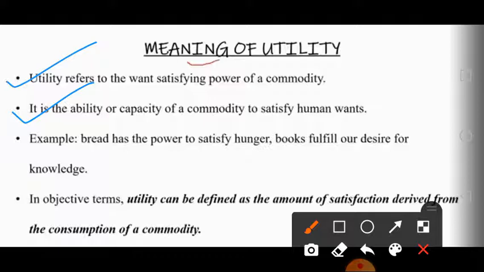For example, bread has the power to satisfy hunger, books fulfill our desire for knowledge, and water quenches our thirst. So these commodities have the power to satisfy our needs, and that power is called utility. I hope it's clear. So in objective terms, utility can be defined as the amount of satisfaction derived from the consumption of a commodity.